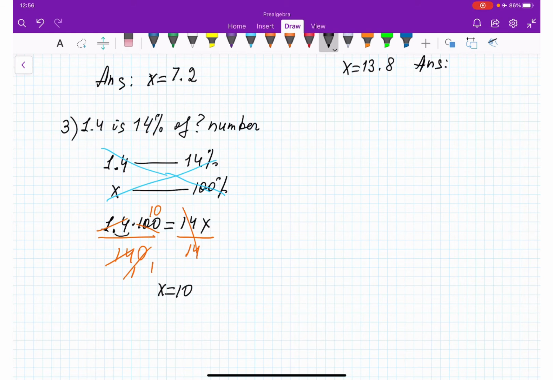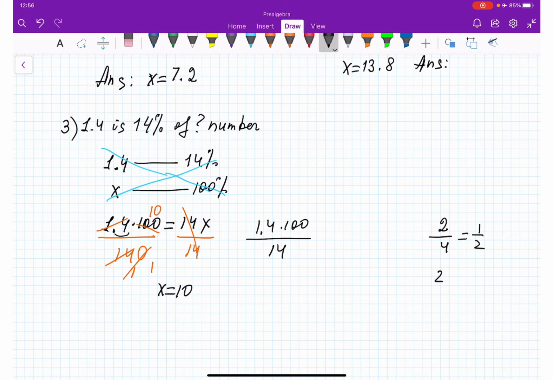Let me go one more time here so you can understand. So 1.4 times 100 divided by 14. So let me ask you this. If I have 2 and I have here 4, it's going to be 1 over 2, right? Okay.